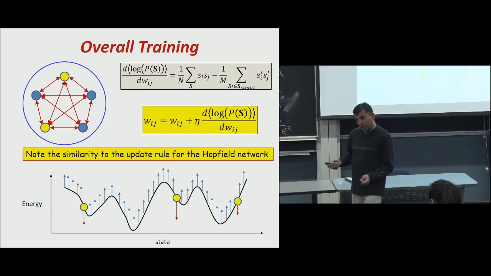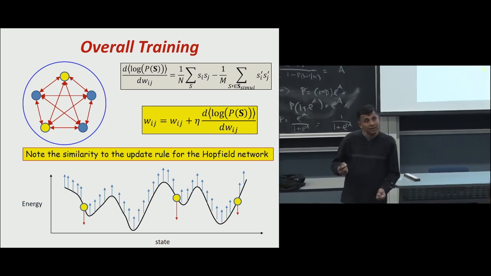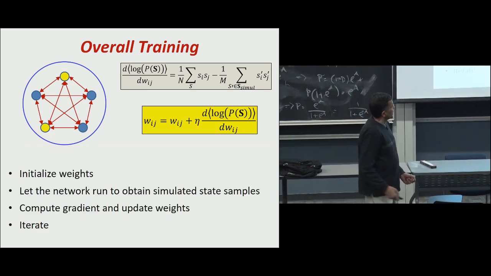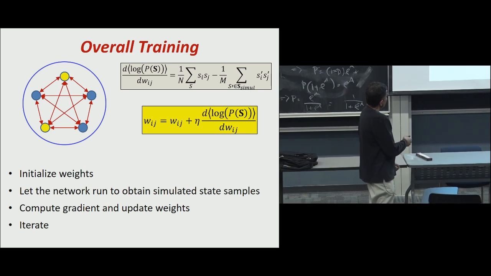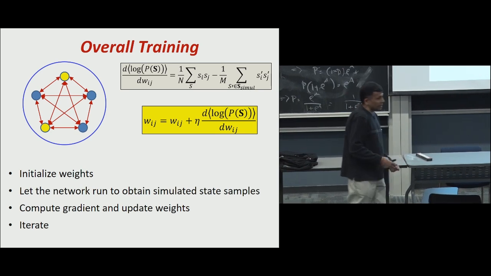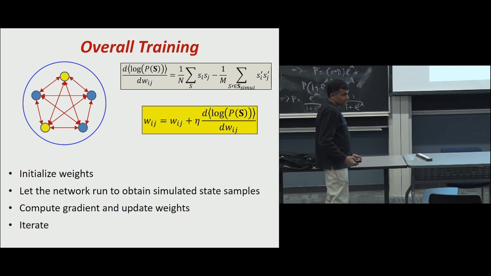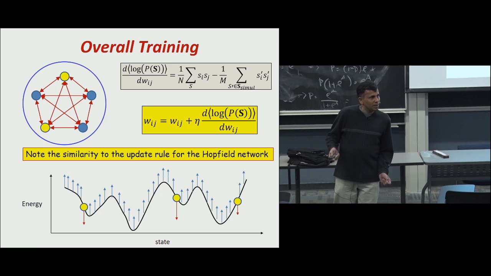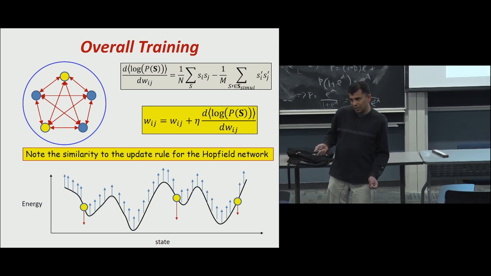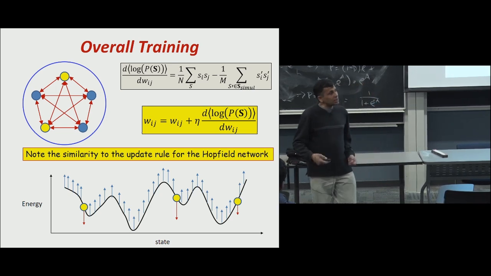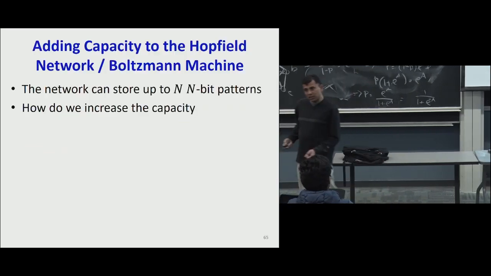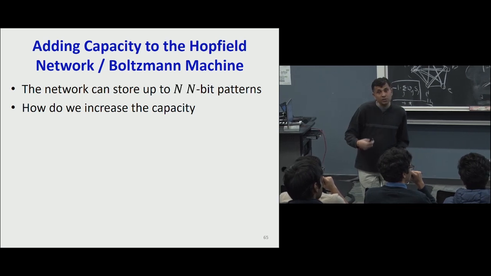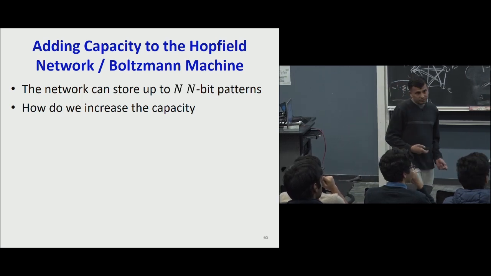The only thing that changed was the manner in which you got these samples, which was that you initialize the network, now with weights, you let the network run, you got a collection of simulated state samples, you computed the gradients and then updated the weights. Absolutely nothing changed. So all of the magical statistical machinery gave us back the original machine with just one small change, which was the manner in which you drew the samples.